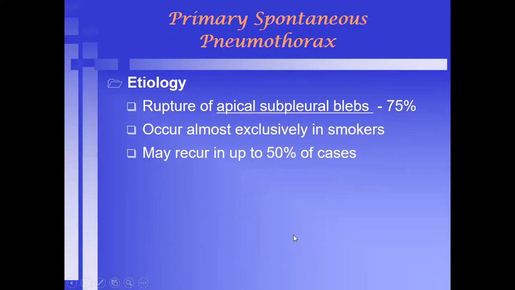So your primary spontaneous pneumothorax actually comes from the rupture of apical subpleural blebs most of the time, and is seen almost exclusively in smokers. So they've seen that smokers can actually develop these apical subpleural blebs leading to their rupture. Okay? And it's found to recur in up to 50% of cases.